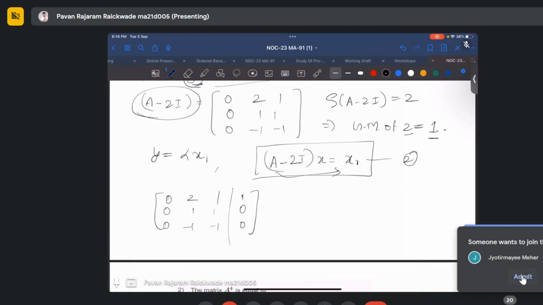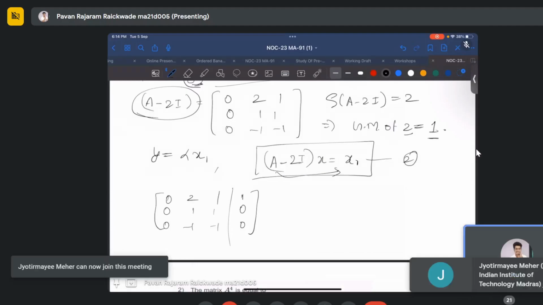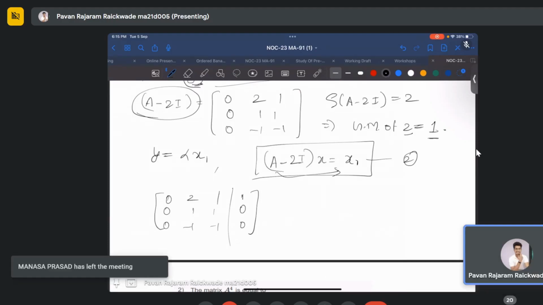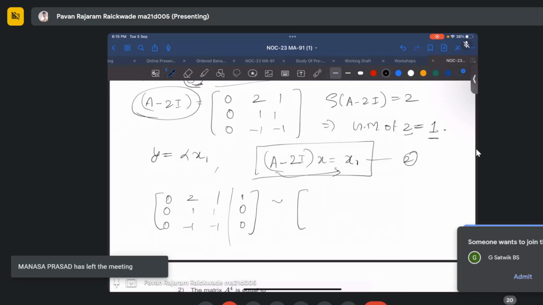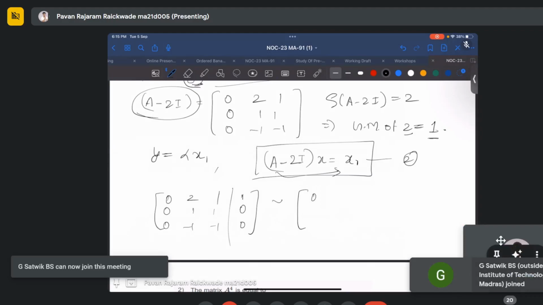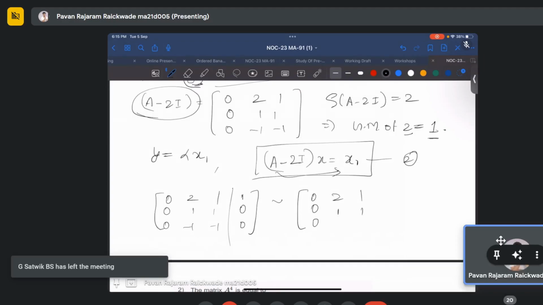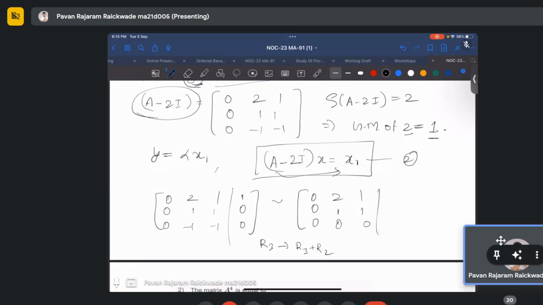Just a minute. So now we have to find whether equation 2 has a solution or not. Let's see. This is equivalent to, I'll do R3 changes to R3 plus R2. So I'll get 0, 0 here.